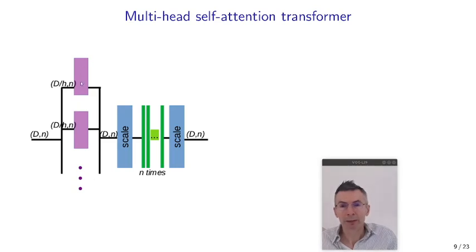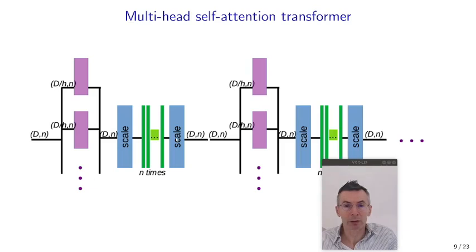So we have this multi-head self-attention transformer, and there are two other parts to it that I'll just briefly mention. There's a scaling part of it, and then there's a neural net, or n neural nets, that process each of the words in the sequence separately. So we have an n times process going on here, and then another scaling. And that is the multi-head self-attention transformer, and then we have multiple of those.